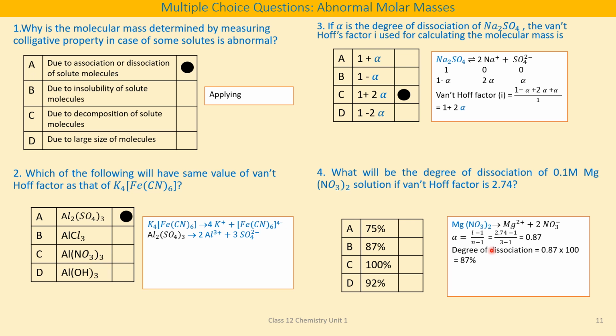So i is given as 2.74 minus 1, and there are 3 moles, 3 minus 1, that is equal to 0.87. Therefore, degree of dissociation will be 0.87 into 100, that is 87%. Option B is the correct answer. Please mark it.